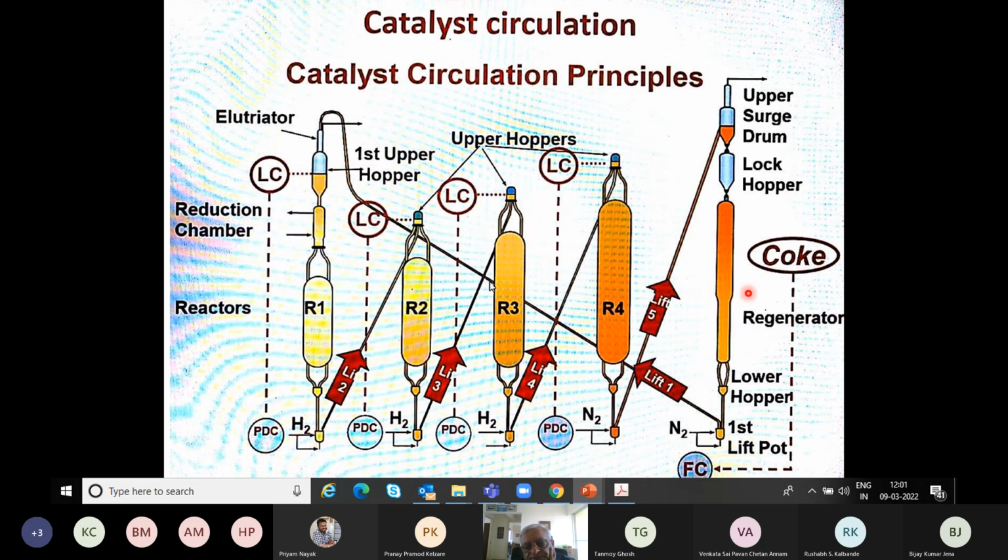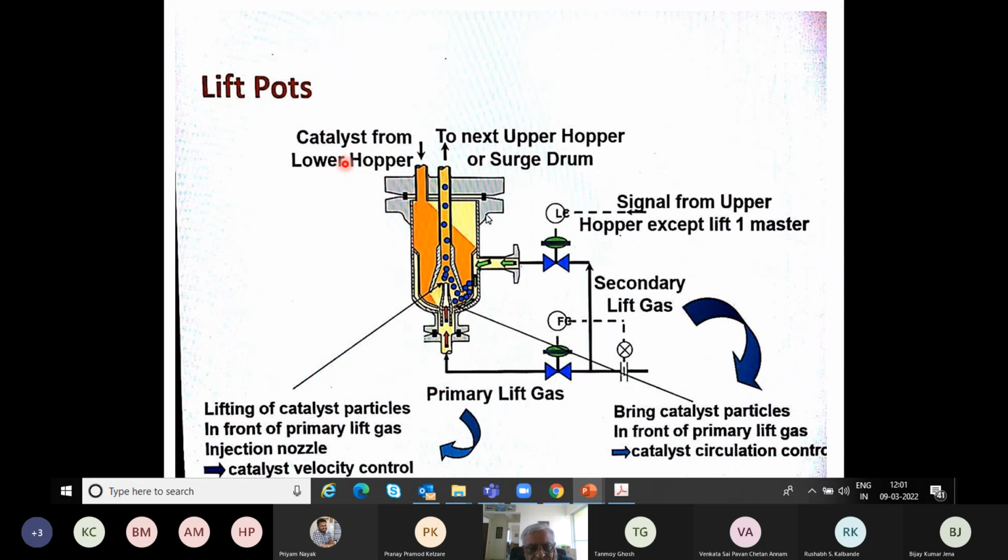The same thing happens everywhere. So this is the typical way we circulate, and the same thing happens in the UOP reactor also, only that they don't have the side-by-side configuration. There's one on top of the other. The catalyst, when it comes down from the bottom, is lifted by nitrogen to the top of the regenerator, and then from the regenerator bottom by nitrogen to the top of the first reactor.